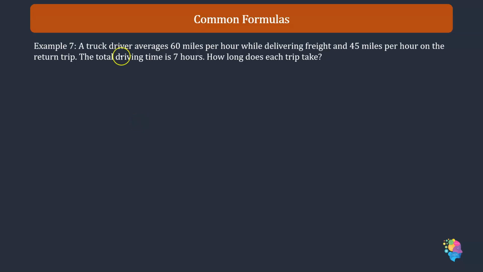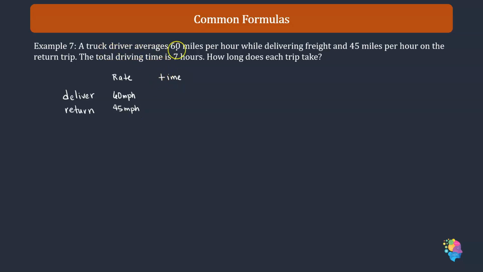Okay, so this truck driver is doing two things. He's going to deliver and is going to return back to where he started. The rate on each direction are the following: 60 miles per hour during the delivery and 45 miles per hour on the return. Let's see if we can figure out the time.